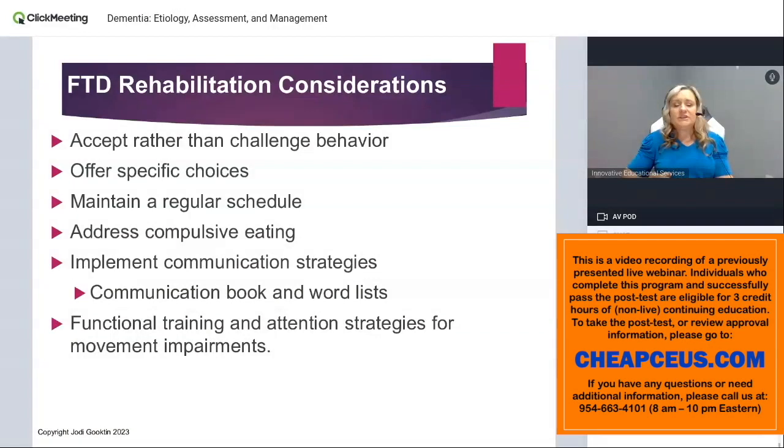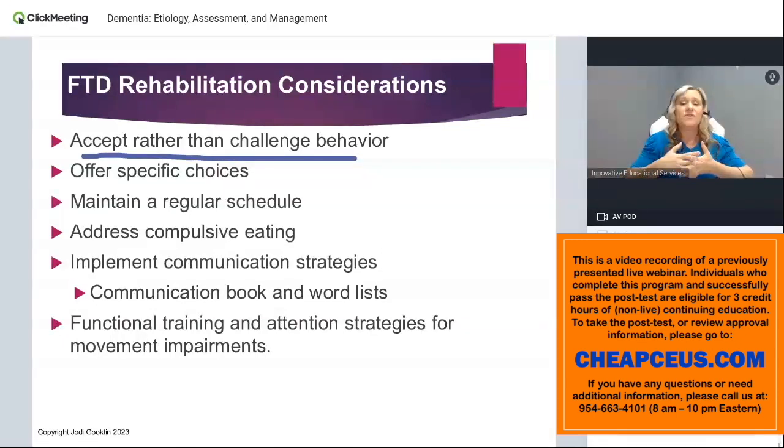In terms of rehabilitation considerations, if you're working with someone who has frontotemporal dementia, that inability to change or adjust or just have appropriate behavior and social interactions is a huge component of this disease. And as clinicians and family members, they just have to accept rather than change the behavior.